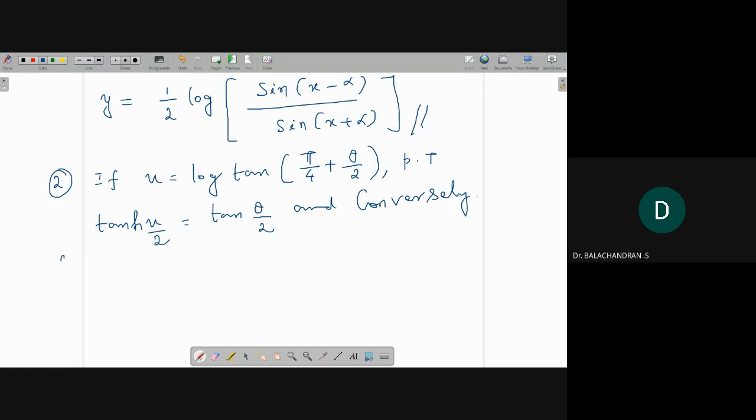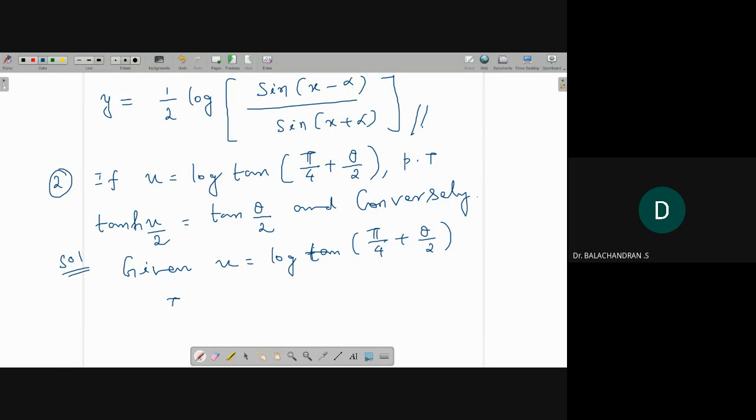So first I will assume what is given. Given u is equal to log tan of pi by 4 plus theta by 2. So this is given.